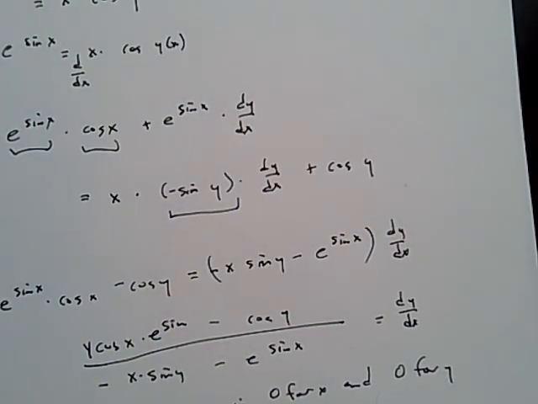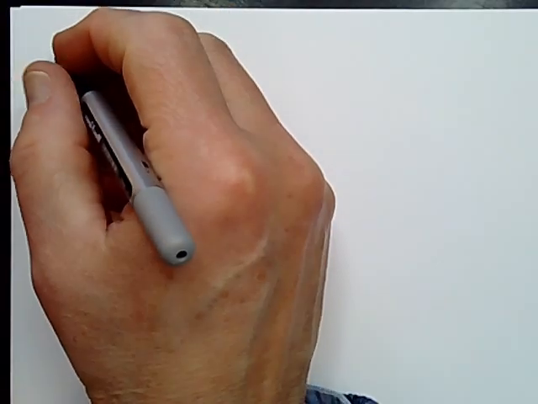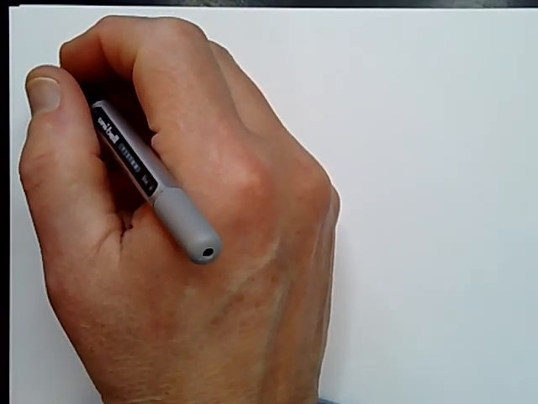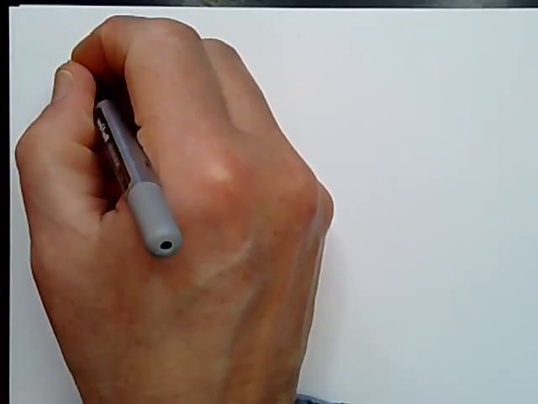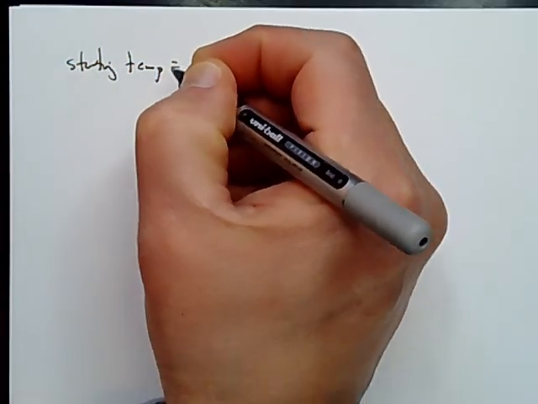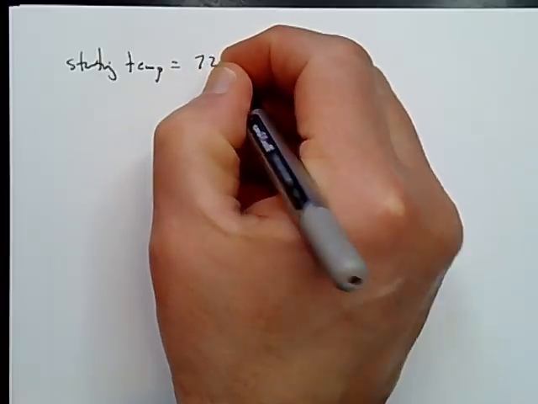Okay, so let's give it a whack here. So I think I'm going to start on a fresh sheet of paper. So let's see. These are big. So let's see. You have the starting temperature is 72.